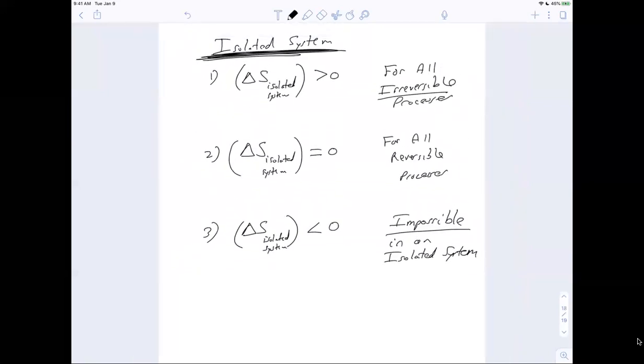If you fail to remember this, you will get confused. So far we've only been talking about isolated systems. If you have a non-isolated system, important, and you'll see this, for non-isolated systems, delta S can be negative.